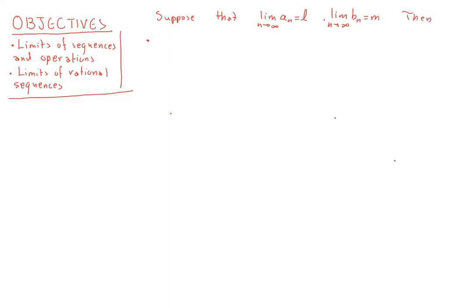first thing, the limit of the sum of the two sequences is the sum of the limits. So if you can look at the sequence and recognize it as the sum of two known sequences or sequences with known limits, then the limit of that sequence will be the sum of the limits. Same thing with the products.